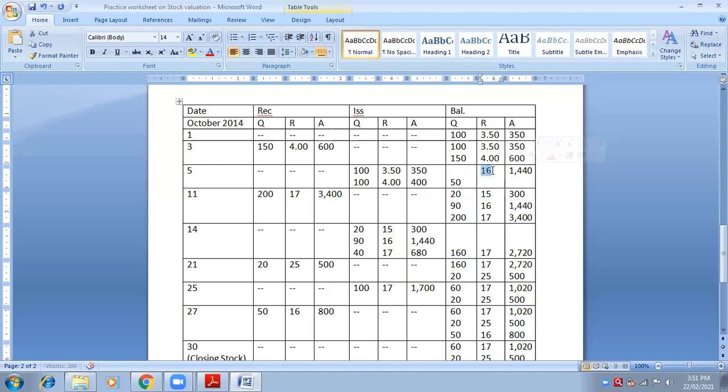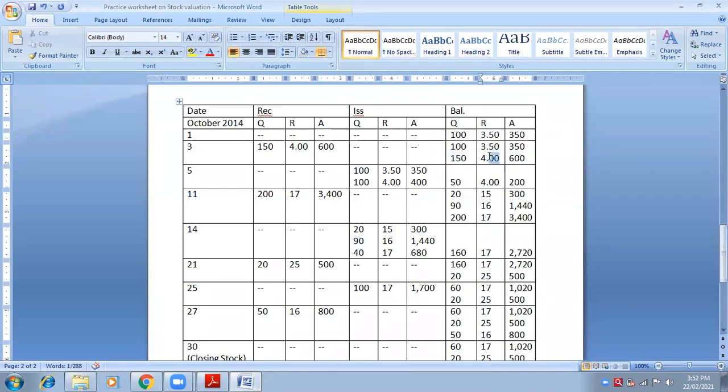And what is the rate column? 50 into 4.00, because out of 150, 50 is left. Therefore, the rate of 150 has to be taken for 50 units also. Tell me, 50 into 4 is how much? 200. Very good. Now you can check whether this 200 is right or wrong.